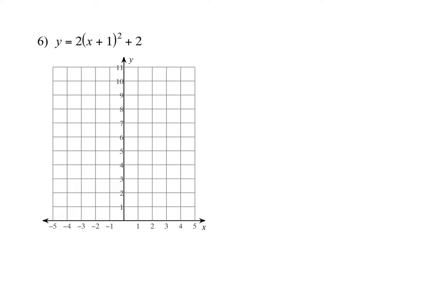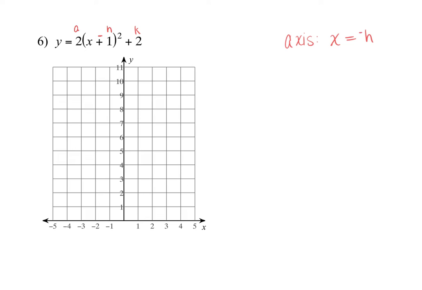So this is vertex form. With vertex form, you still have the A. So this is still A. This right here is H, but remember this is a minus in your formula, so you're going to negate your H when you do these things, and this is your K. All right? So to find my vertex here, my axis is going to be x equals h.